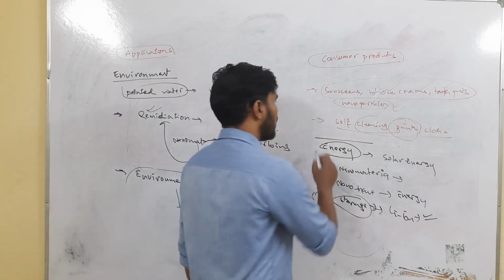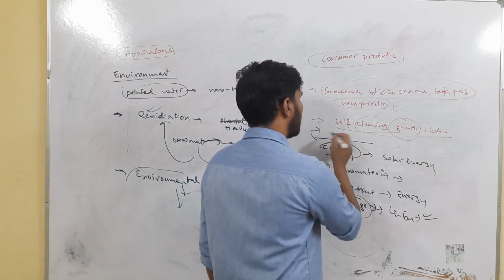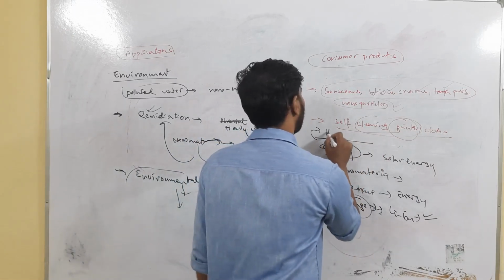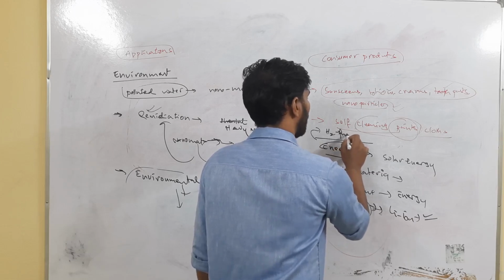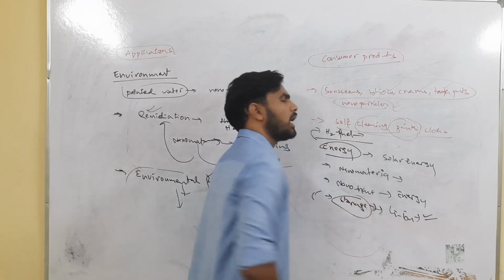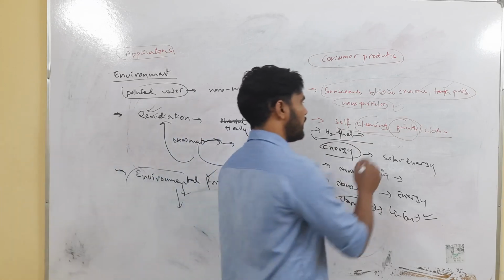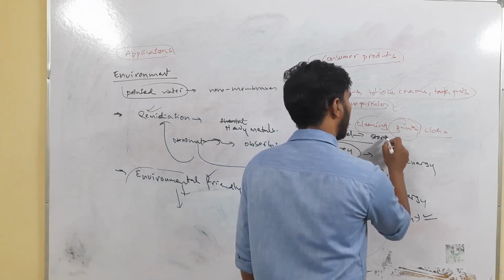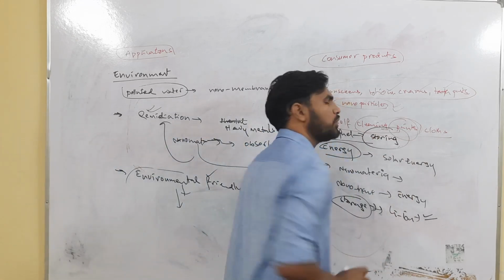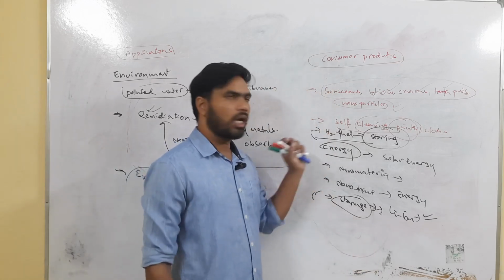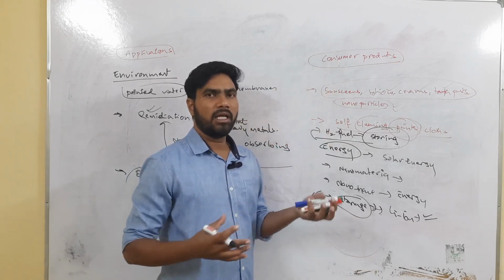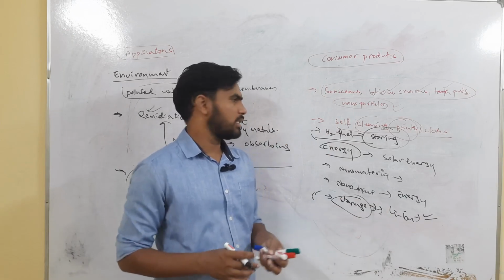Then in the future we are talking about technologies like hydrogen as a fuel. What is the problem in using hydrogen as a fuel? The only problem is storing hydrogen. We need very strong containers to store hydrogen at very high pressure and very low temperatures.